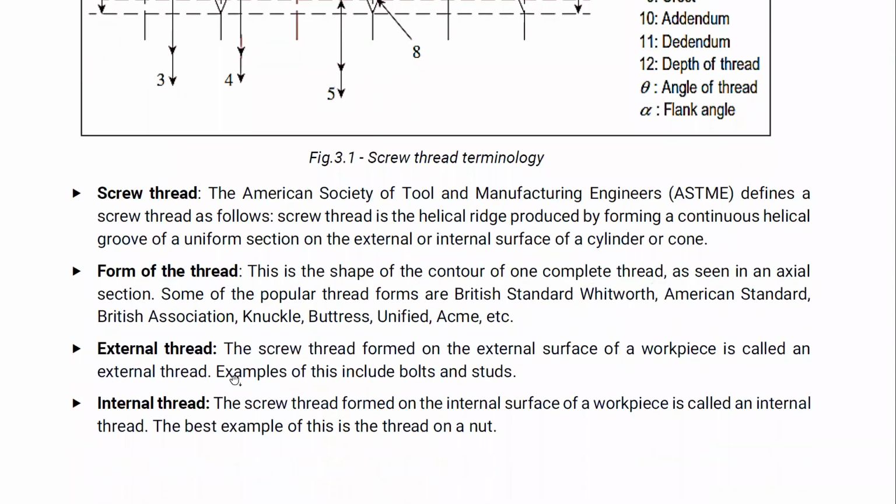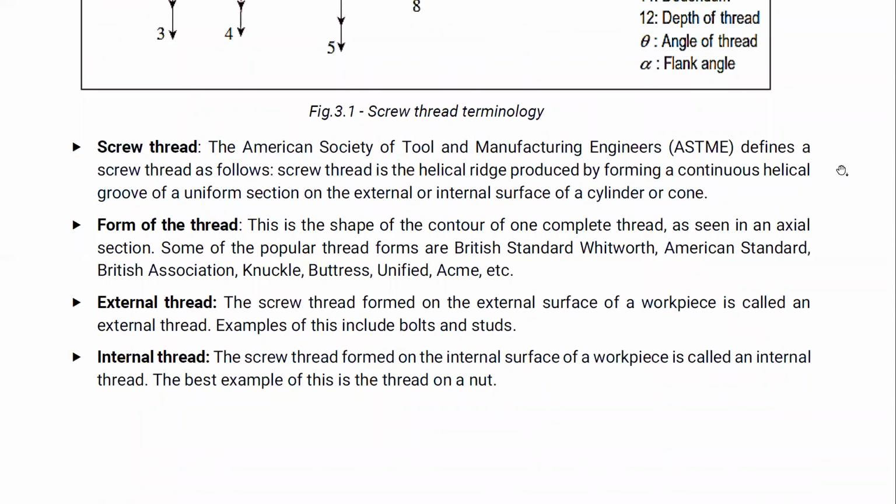The American Society of Tool and Manufacturing Engineers, ASTME, defines a screw thread as a helical ridge produced by forming a continuous helical groove of uniform section on the external or internal surface of a cylinder or cone.